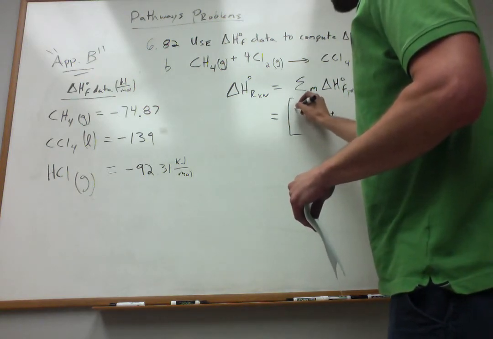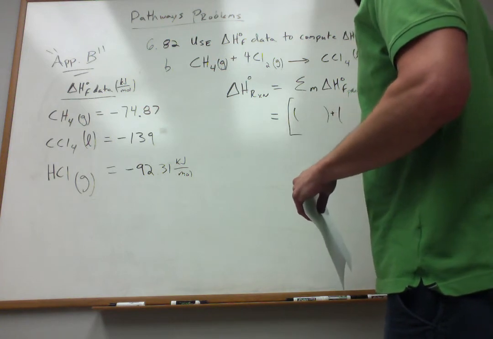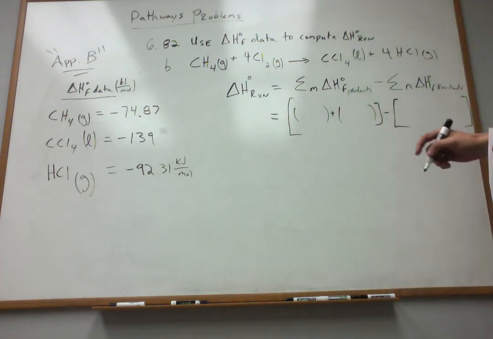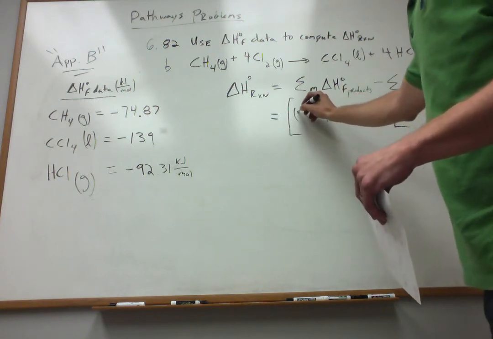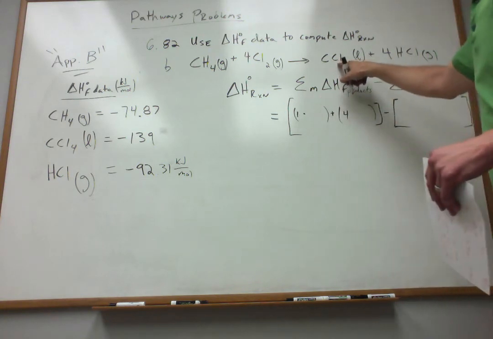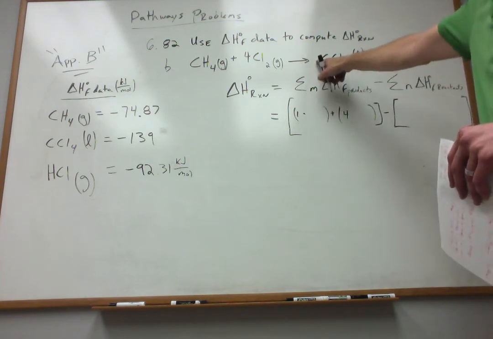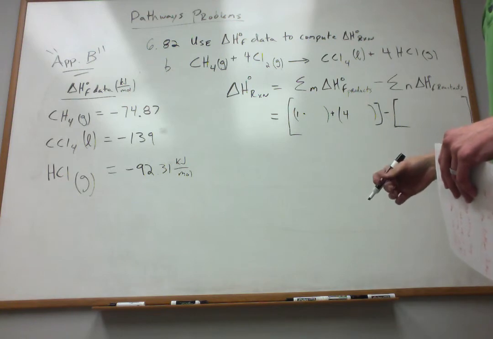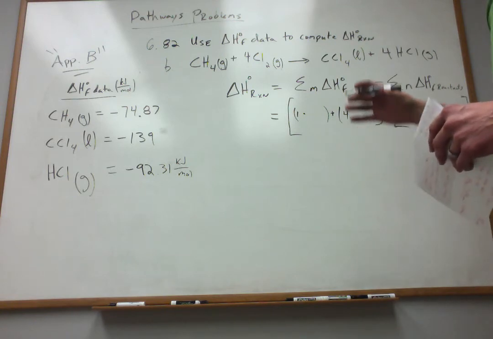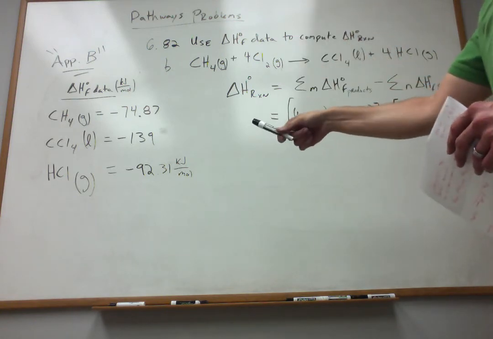So I need to sum terms, one for each product. There are two products. The carbon tetrachloride has a stoichiometric coefficient of 1 in the balanced chemical equation, so I'm going to multiply 1 times its standard formation enthalpy.